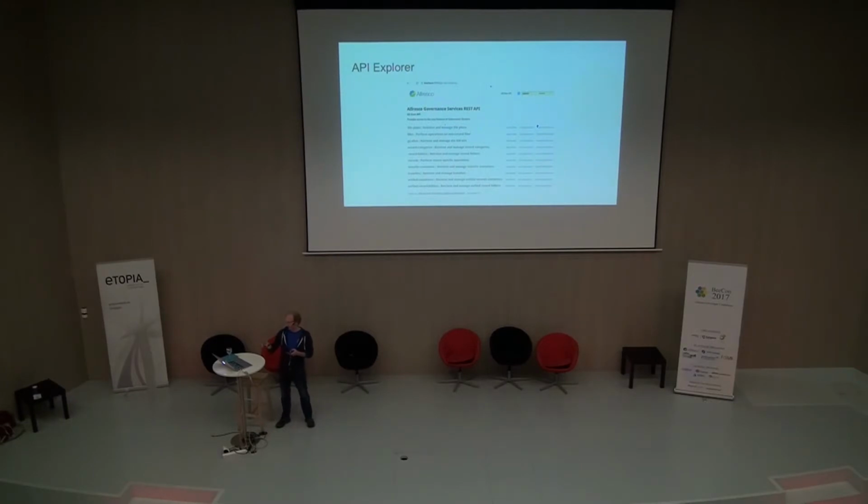One of the really cool things about this documentation is there's a try it out button. You can put in parameters, click a button, and actually test a live call right from within the documentation. So it's live, interactive documentation. And it's all fully reviewed by our user assistance team, so hopefully it makes sense and it's readable as well.